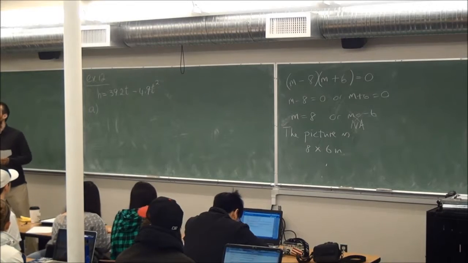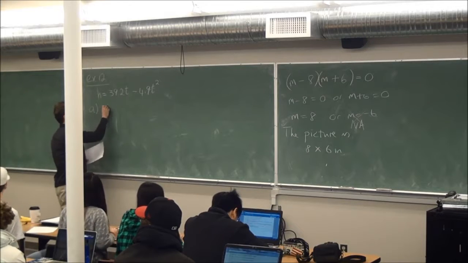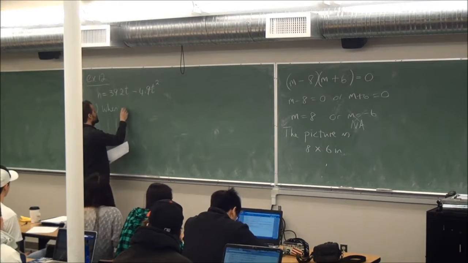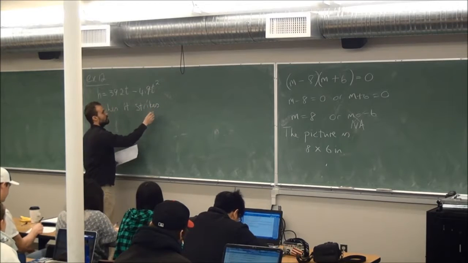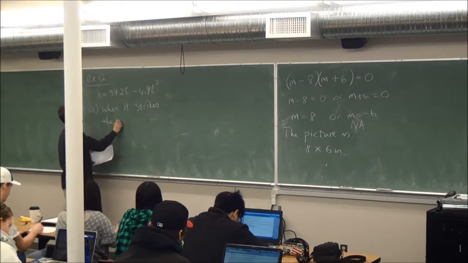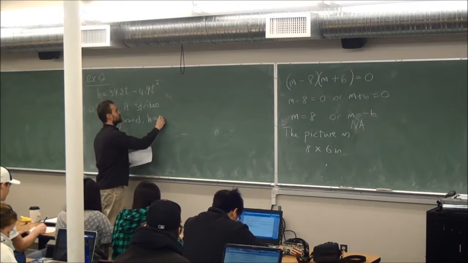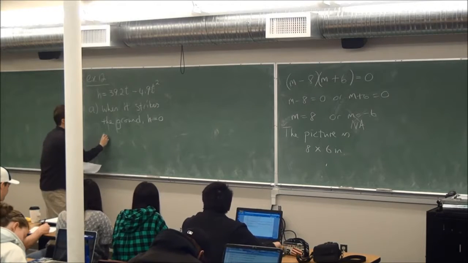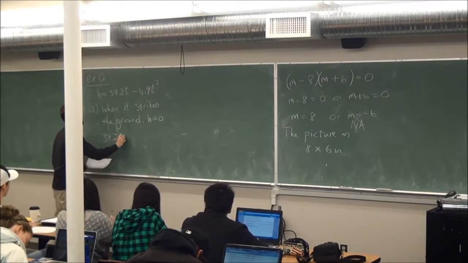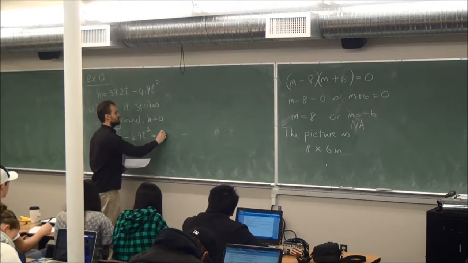Well, if it strikes the ground, h is 0. The ground is 0. So when it strikes the ground, h equals 0, and I can simplify my equation to 39.2 t minus 4.9 t squared equals 0.